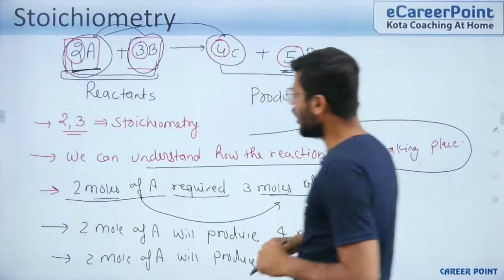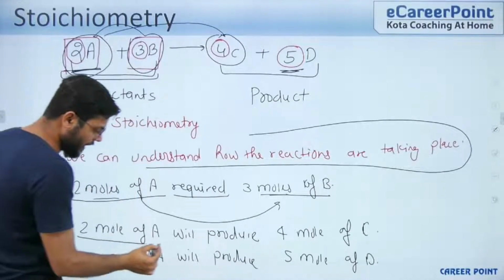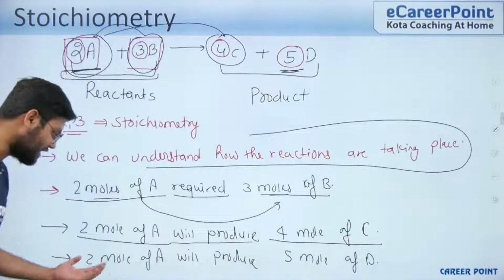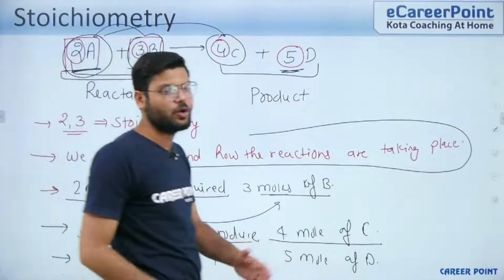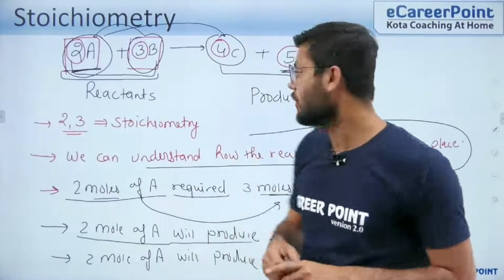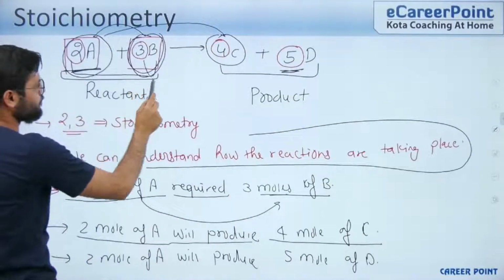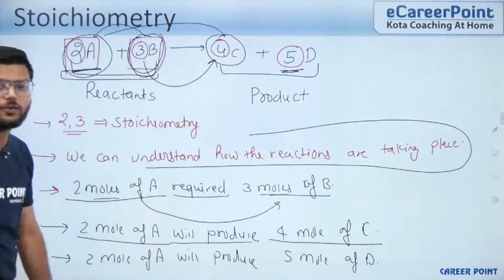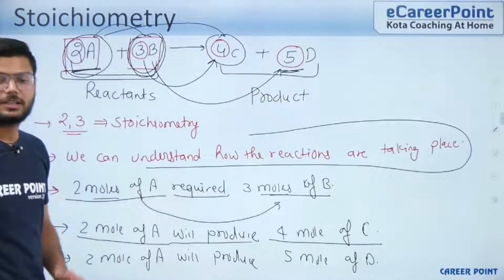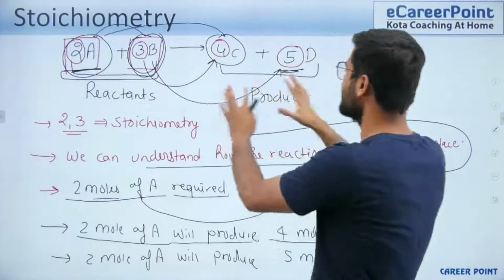Now on the other side, in terms of product, what information can I have? 2 moles of A will produce 4 moles of C, and similarly 2 moles of A will produce 5 moles of D. In a similar way, we can write with respect to B also. 3 moles of B is going to produce 4 moles of C, and 3 moles of B is going to produce 5 moles of D. So these are the information which we can extract by looking into this reaction.